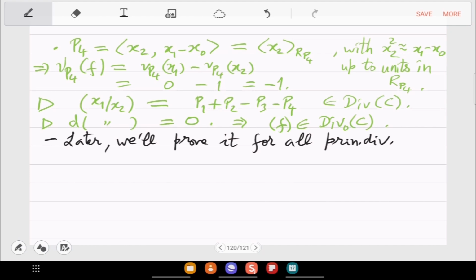Do you think that every divisor in Div 0 is of this type? Is every divisor in Div 0 coming from a rational function? So you have shown that every rational function lives in Div 0. Is the converse true?